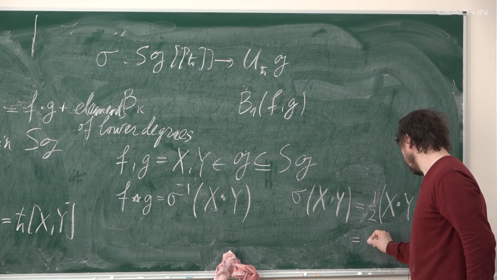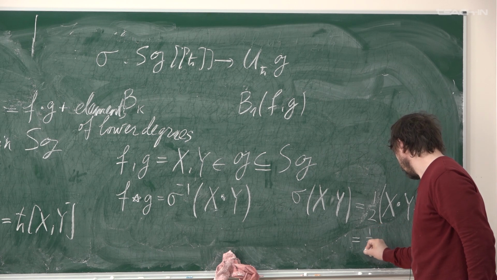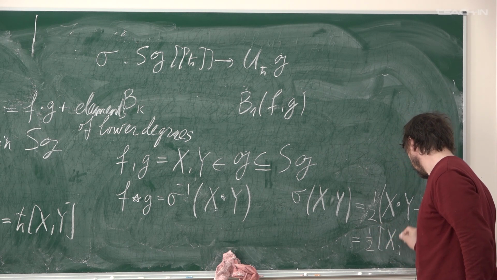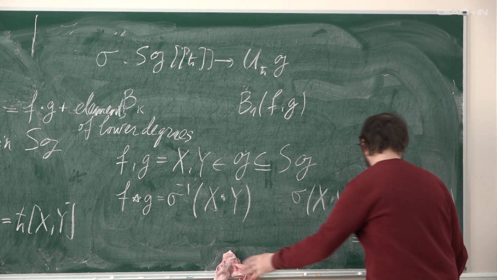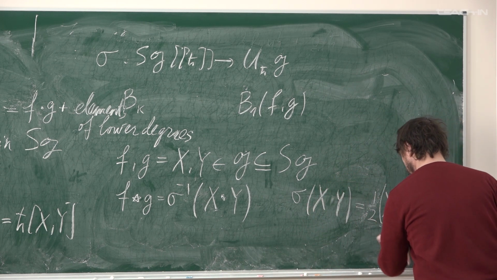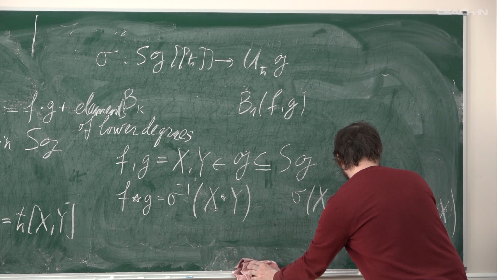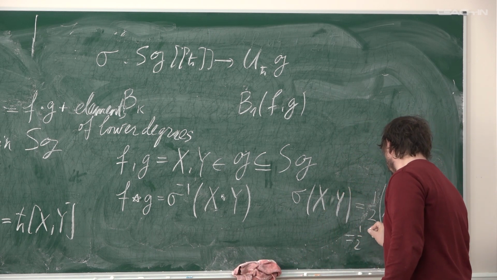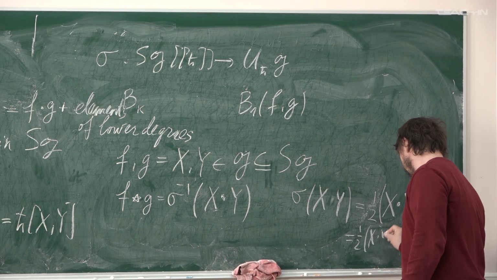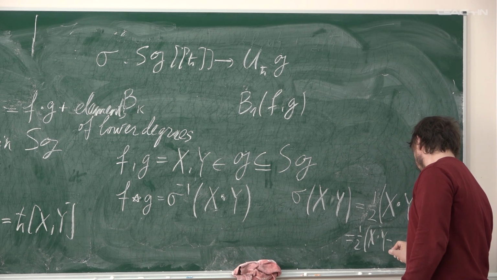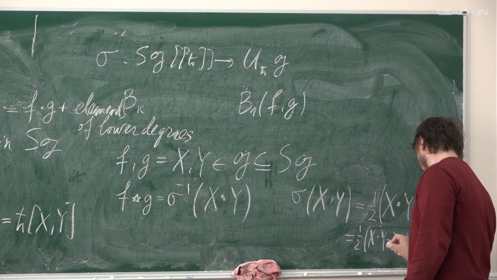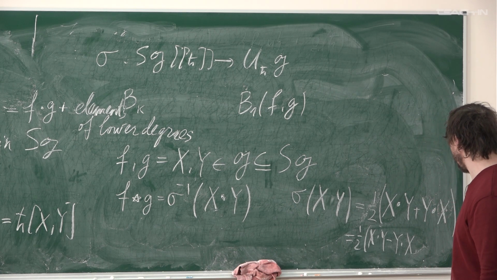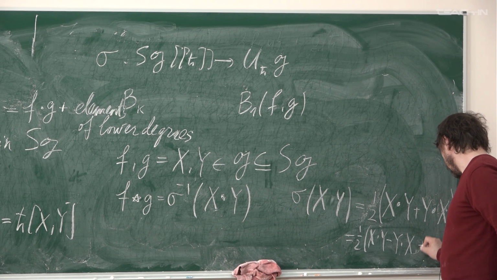It is equal to 1/2 of the bracket x and y. Oh, sorry, plus, of course, plus, not minus. So it's equal to almost this. 1/2, I still have this x dot y minus y dot x, right? Plus twice y dot x.